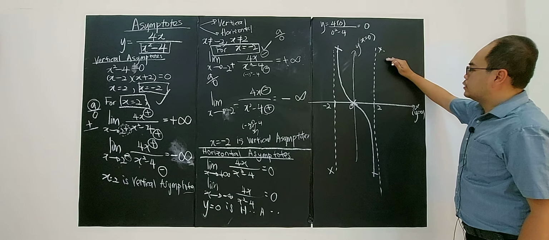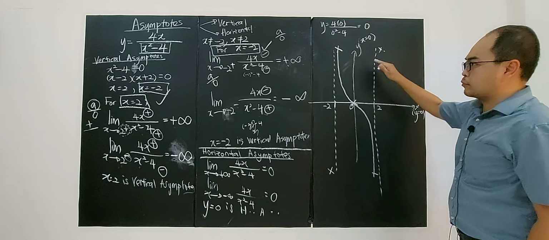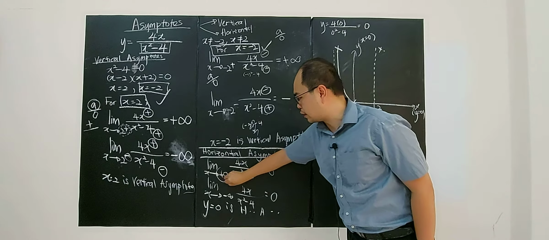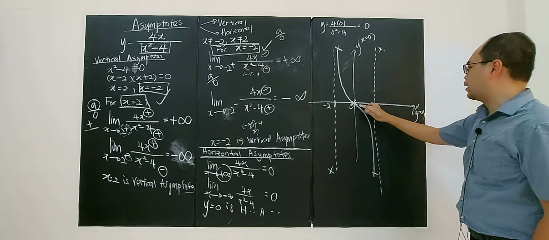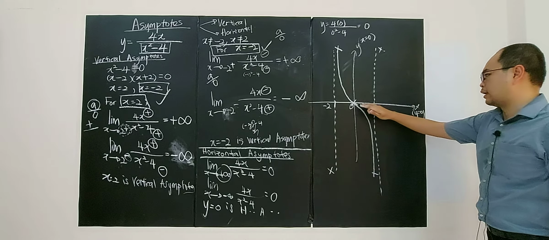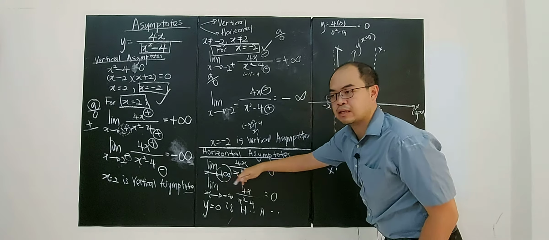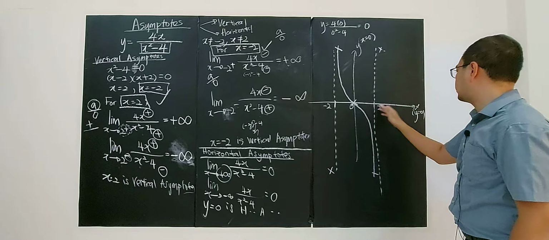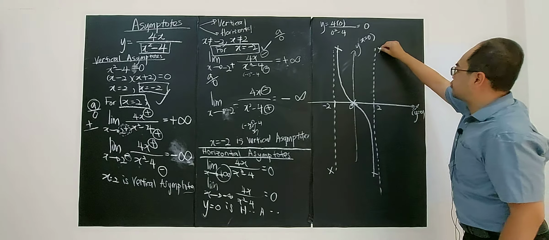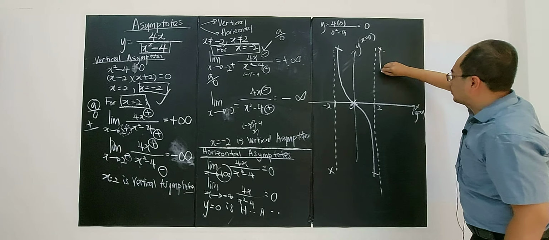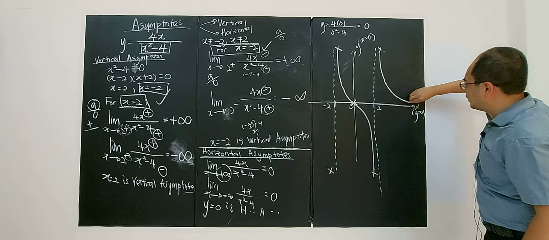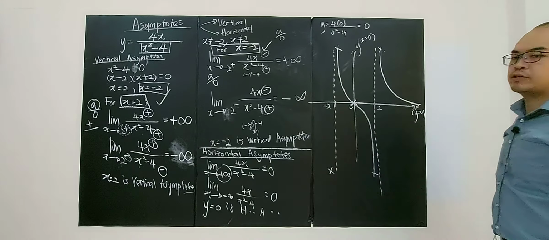And for this, when x approaches positive infinity, x is very big, the graph here will be near to the line y equals 0, but never touch.